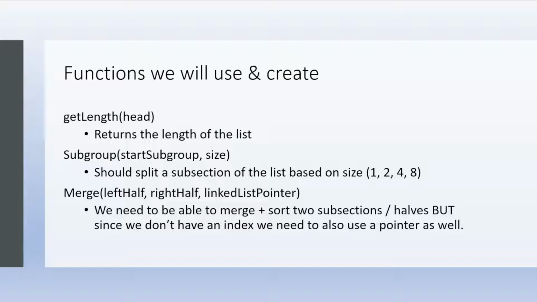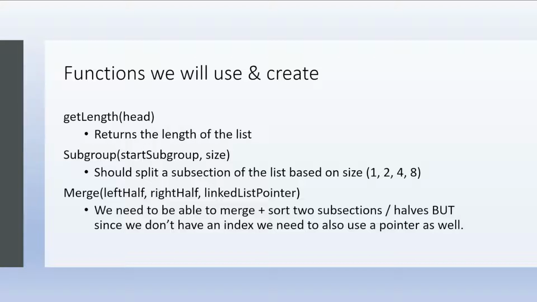We're also going to have a merge function that needs 3 arguments. It's going to have the left half and the right half. Those are the 2 subsections that we're trying to merge together. But since this is a linked list, we're also going to add in some sort of pointer, since we need to merge and sort those 2 subsections and halves together.